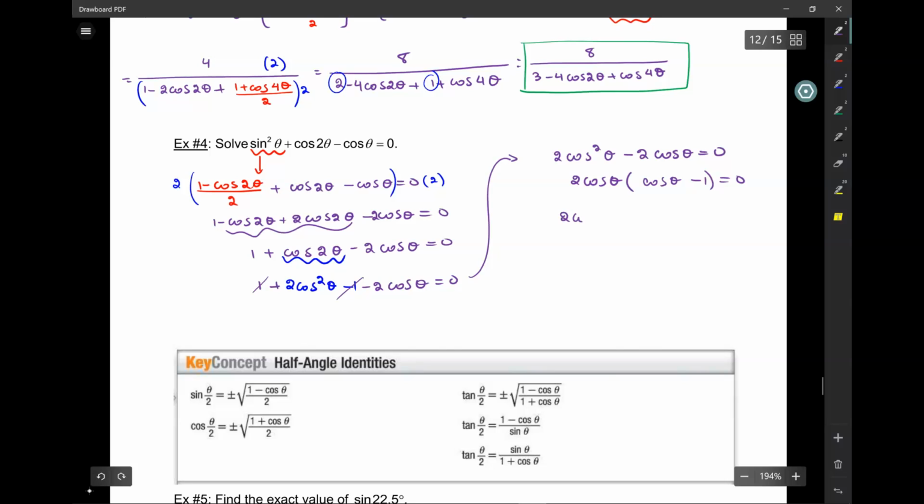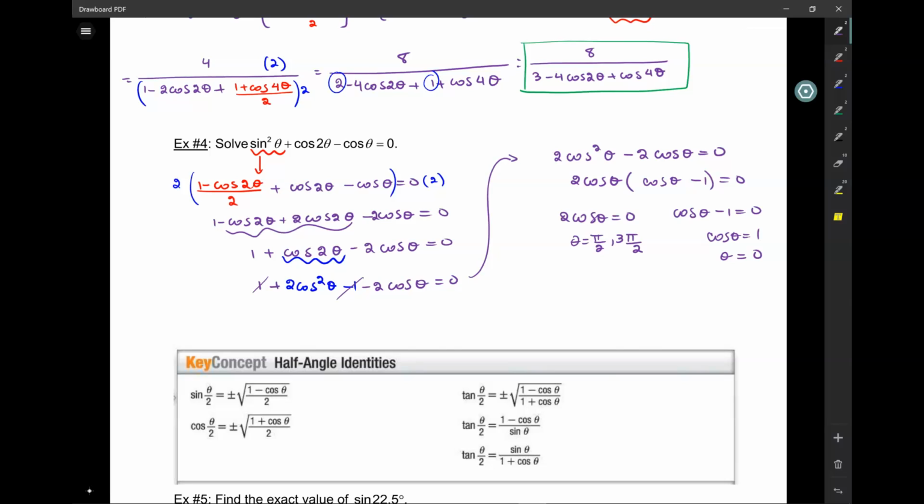So I can say 2 cosine theta is equal to 0, and cosine theta minus 1 is equal to 0. So where is cosine equal to 0? At pi over 2 and 3 pi over 2. And here cosine theta is equal to 1 at 0.